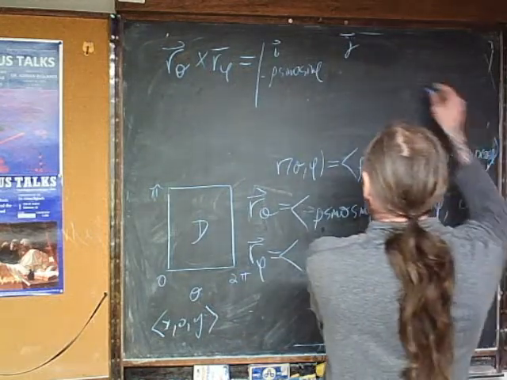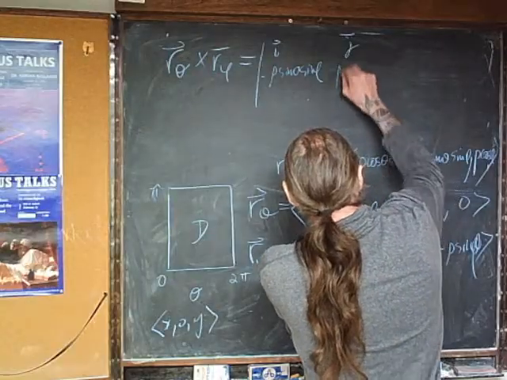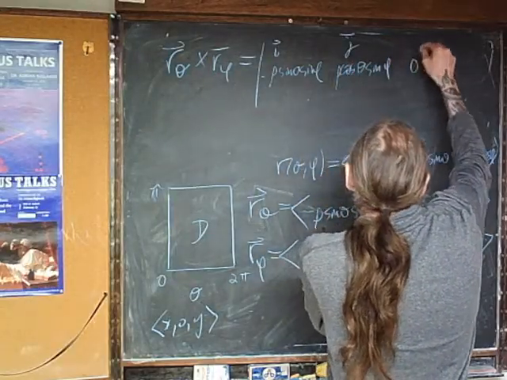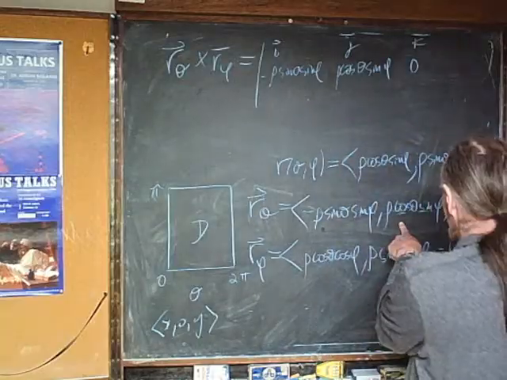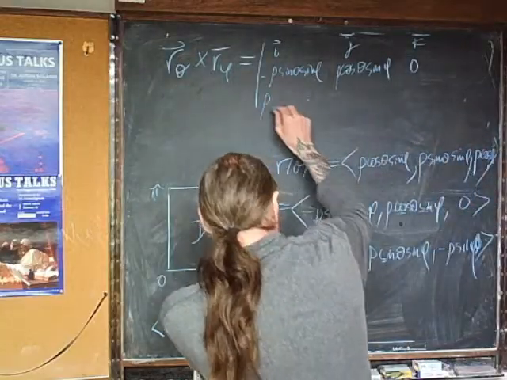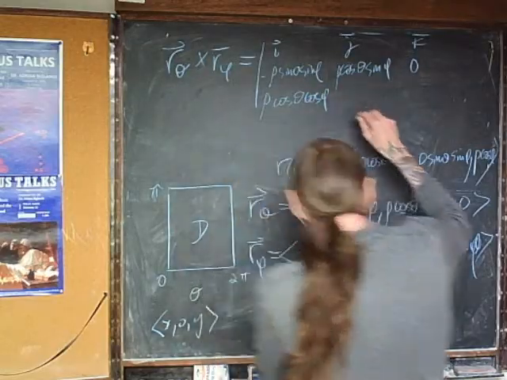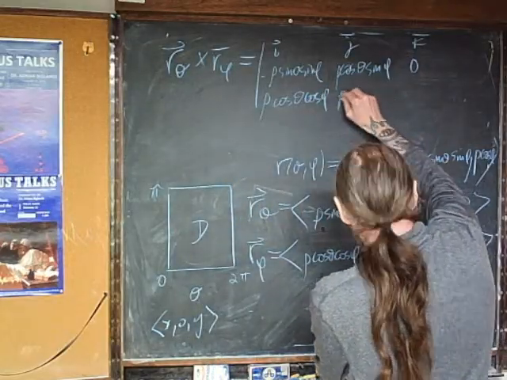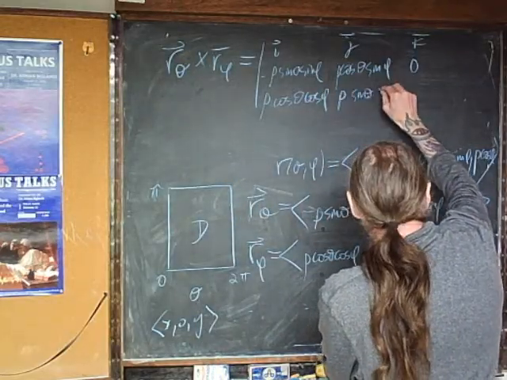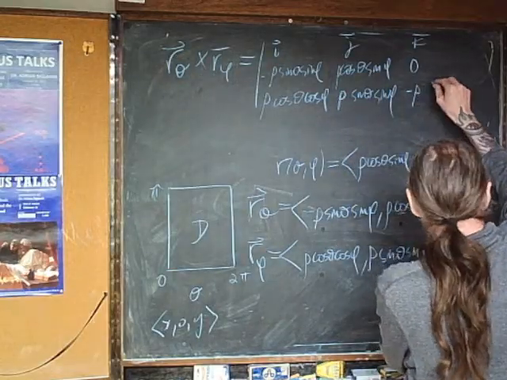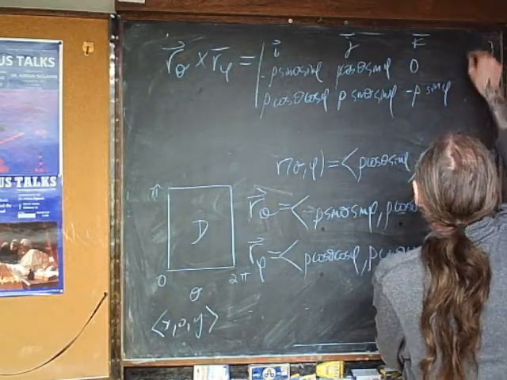You'll see in a second. This is going to be rho cos theta sine phi, 0, thank Christ. Rho cos theta cos phi, rho sine theta sine phi, and then negative rho sine phi.